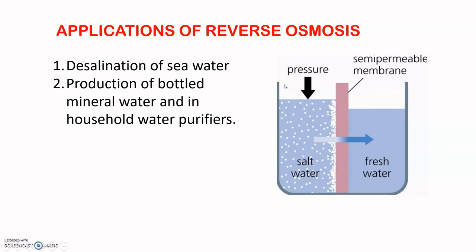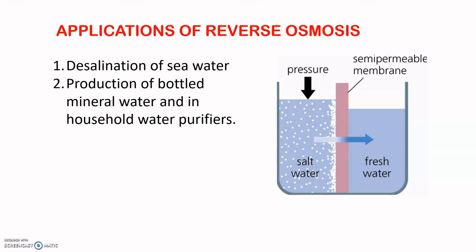Another application is for the production of bottled mineral water, and also in household water purifiers. They are also used to purify water and to remove dissolved salt and other impurities present in water. We can go for the reverse osmosis phenomenon.